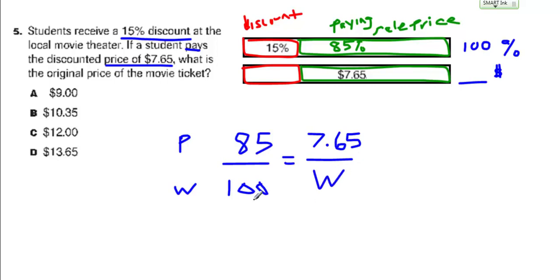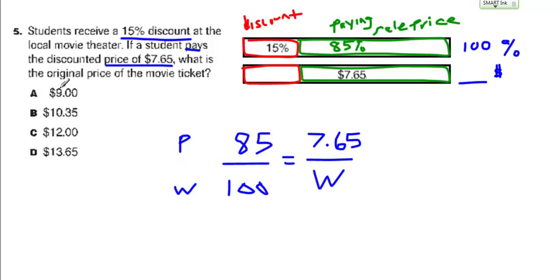Alright, now the numbers are not very user-friendly, so I'm going to suggest you start by dividing by 5 on these, and then see if you can further reduce it. Let's say you're not sure which one it is and you have a calculator. You're not good at cross products, you get all mixed up.